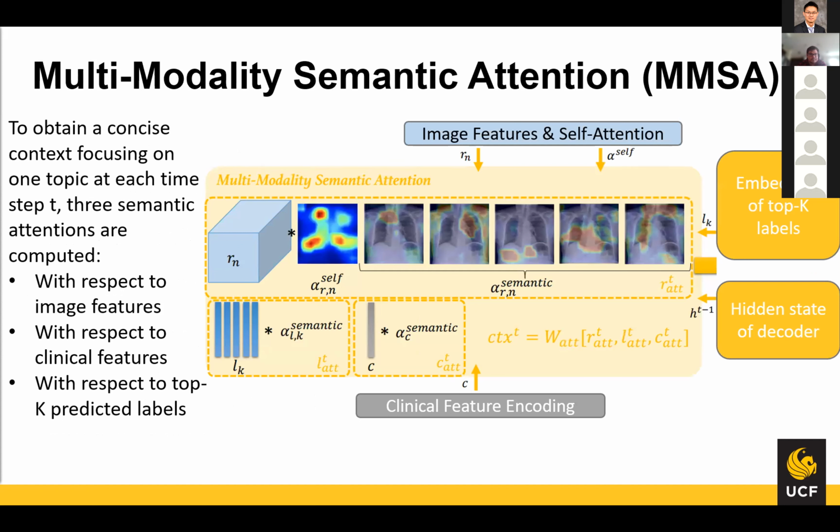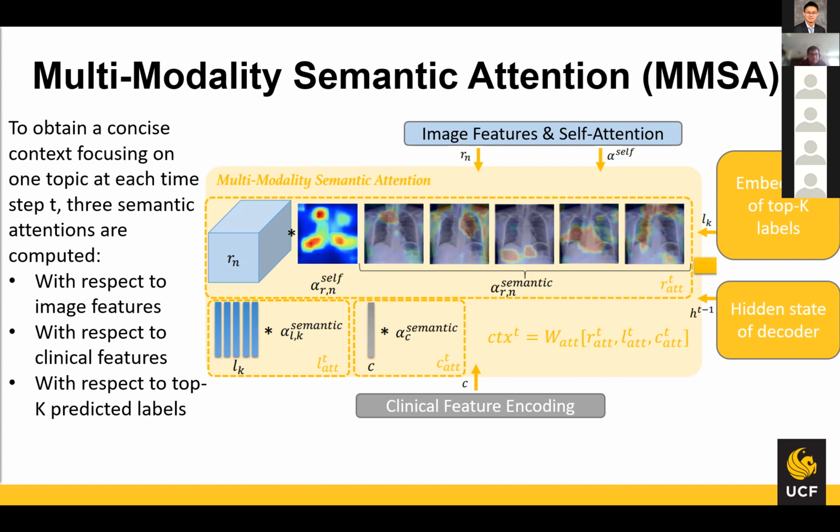So down to the meat of the technique was their multimodality semantic attention mechanism. The authors thought, in order to obtain a concise context that focused on a single topic at each time, they would use 3 semantic attention mechanisms that were computed with respect to, first, the image features in the top half here.